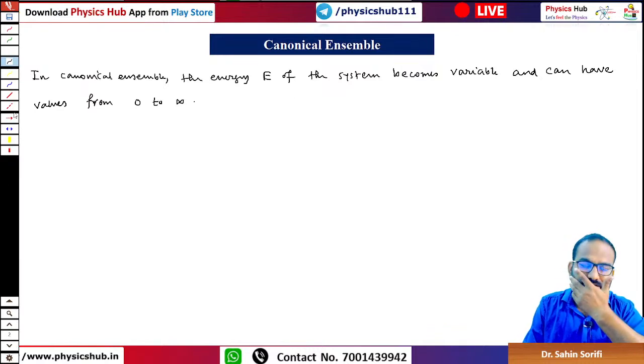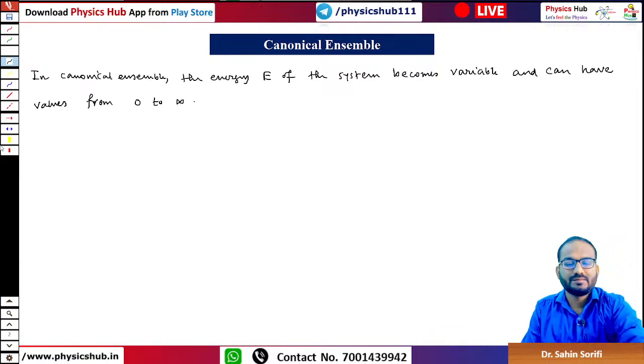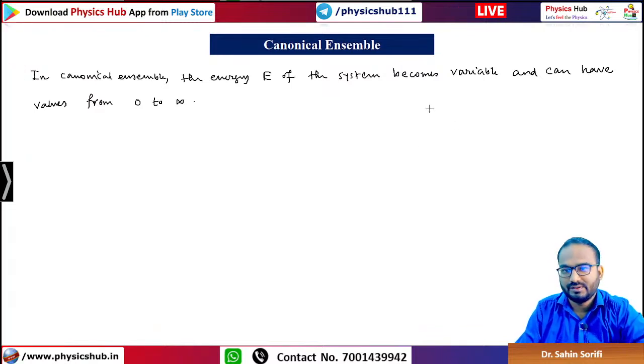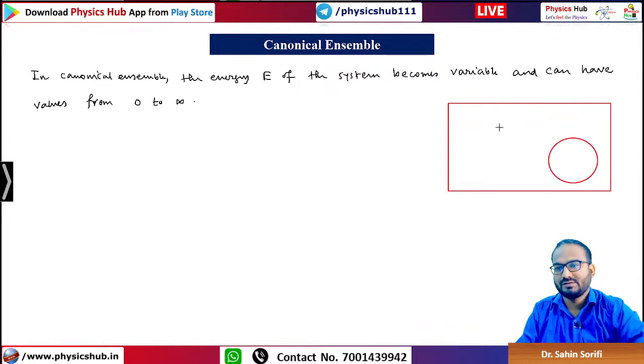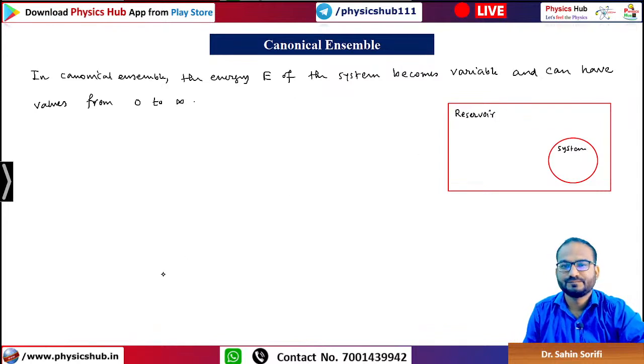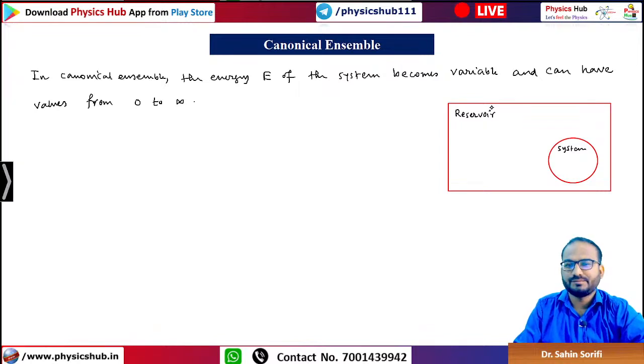To understand this canonical ensemble, we are considering a system, and let's say it is kept in the surrounding of a reservoir. This is the whole universe we are drawing. Inside the box we have the whole universe, and we have the system. This is the system, and outside of it is the reservoir.